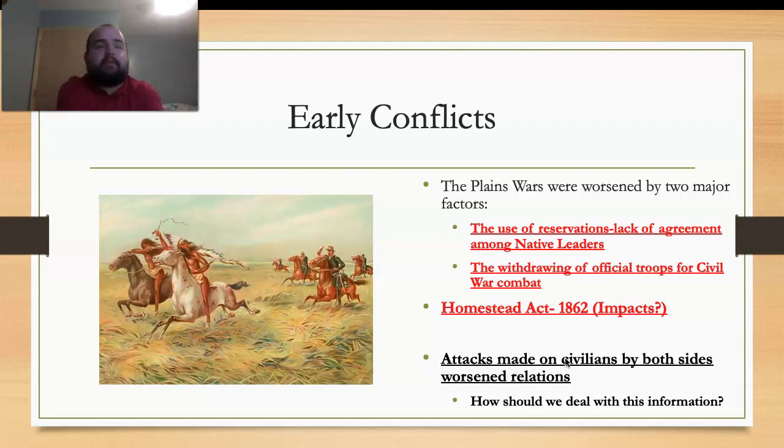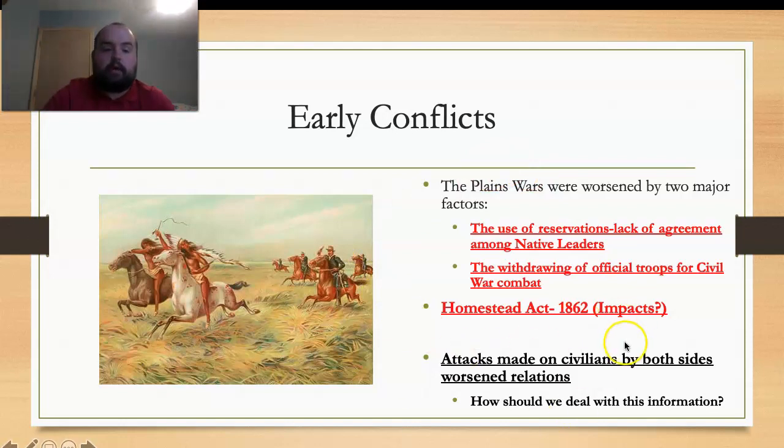Alright, I think maybe some of the major takeaways we can take from this is that, of course, as we'll get into, it wasn't necessarily a black and white conflict on either side, but it is important to remember this information I also put up right here. The Plains Wars were essentially caused by American expansion into Native American lands.